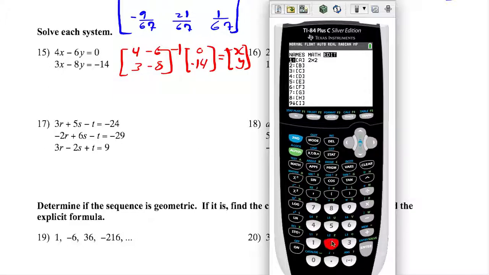I'm going to enter in matrix B now. Matrix B is going to be a 2 by 1, and so that's going to be a 0 and then a -14. Having this, I'm going to do matrix A to the -1st times matrix B, and I get 6 and 4.